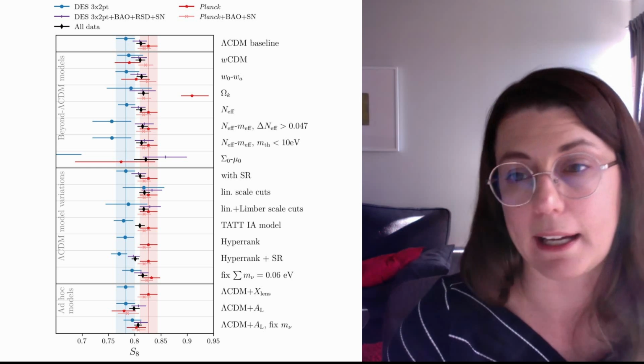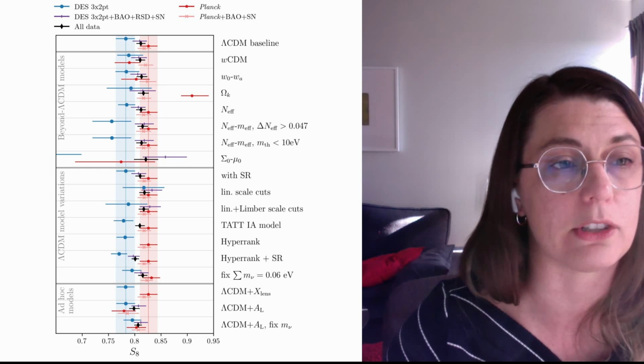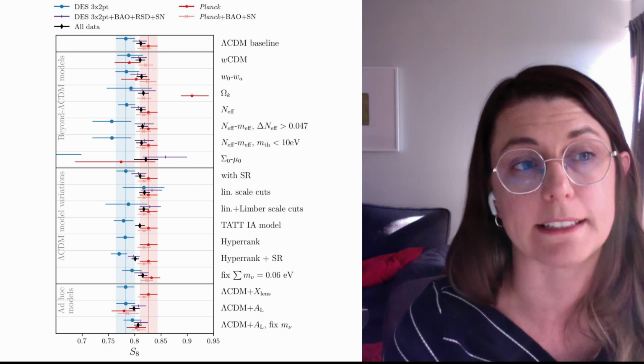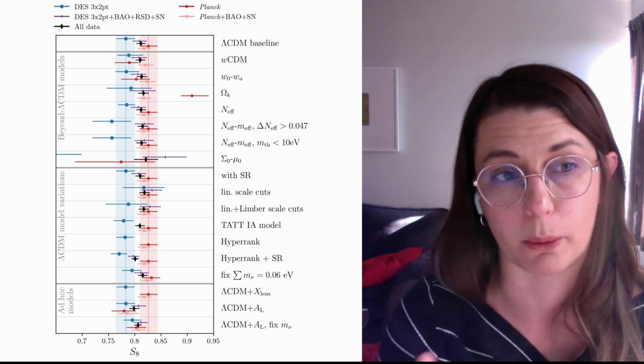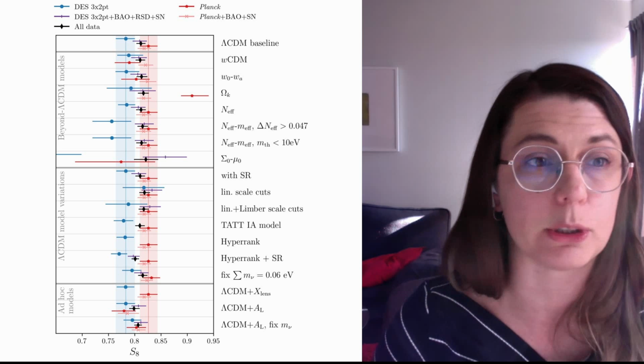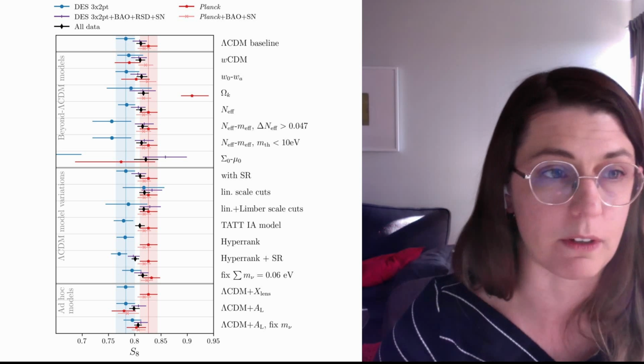We've also included, as in many of the contour plots earlier, how that changes when we include BAO, RSD, and supernova with DES, or if we add low redshift geometric probes, that being BAO and supernova, to Planck. And then we look at the combination of all data.